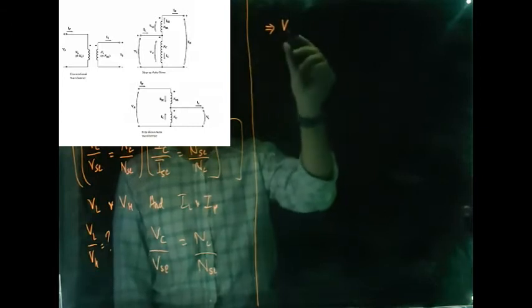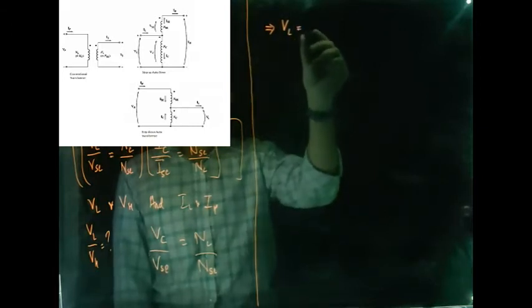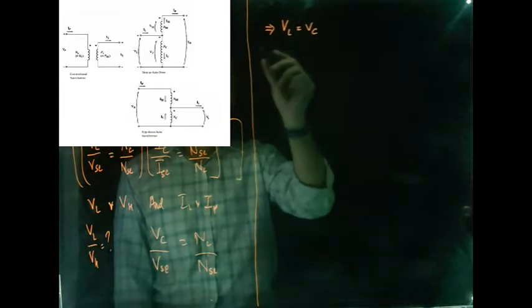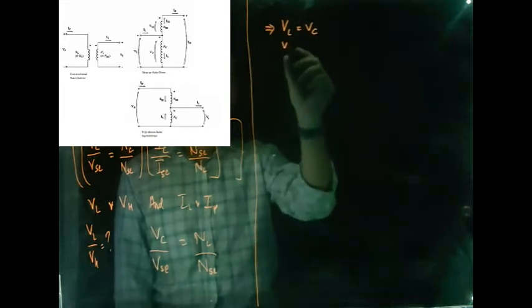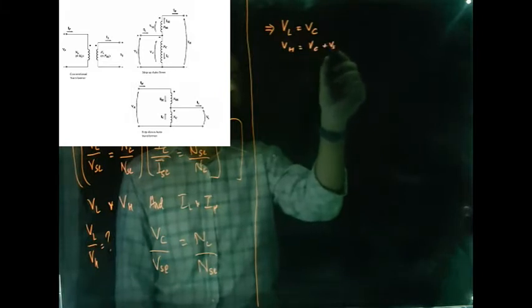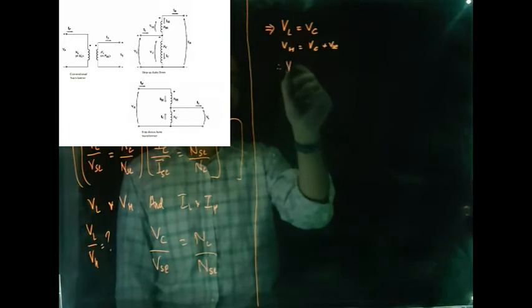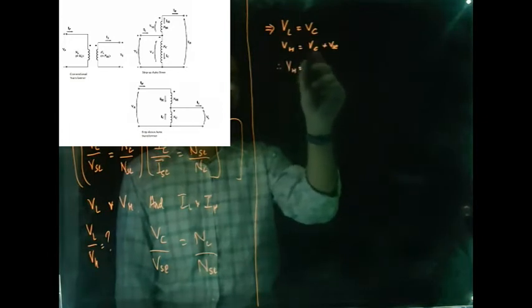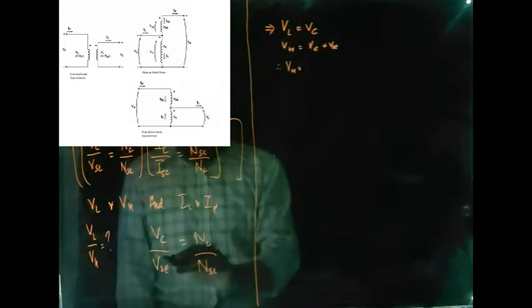We also know, from the diagram, VL is equal to VC and VH is equal to VC plus VSC. Therefore, VH is equal to VC plus VSC.